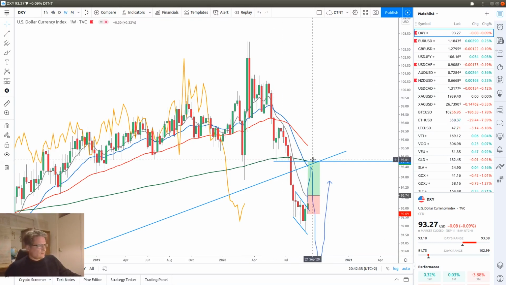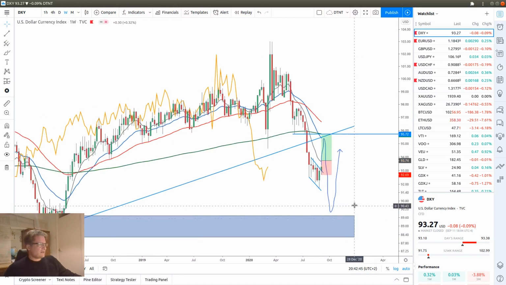Also, we meet with the 200 moving average, which is a support and resistance area as well, a very strong one. So this is my forecast.